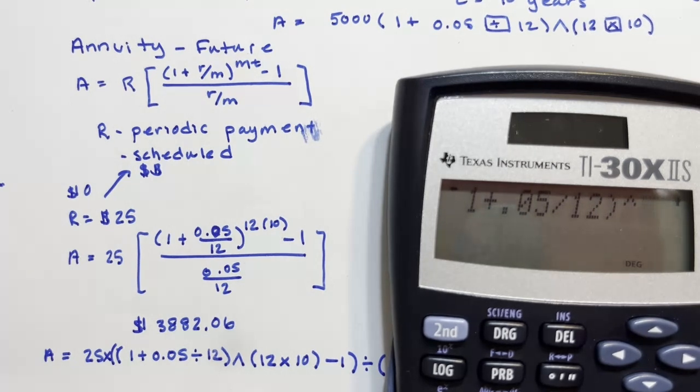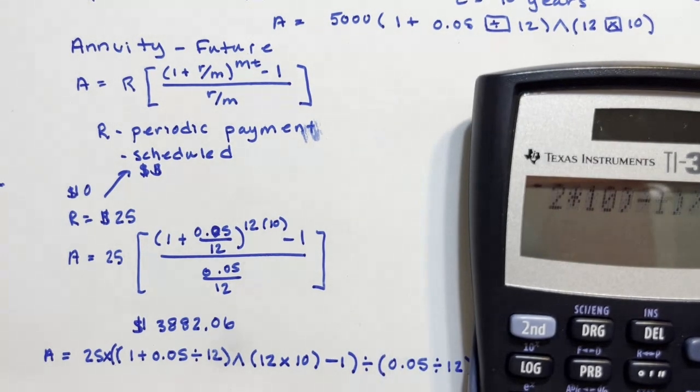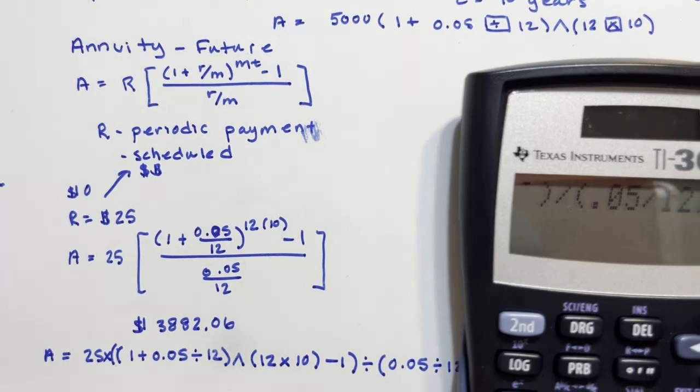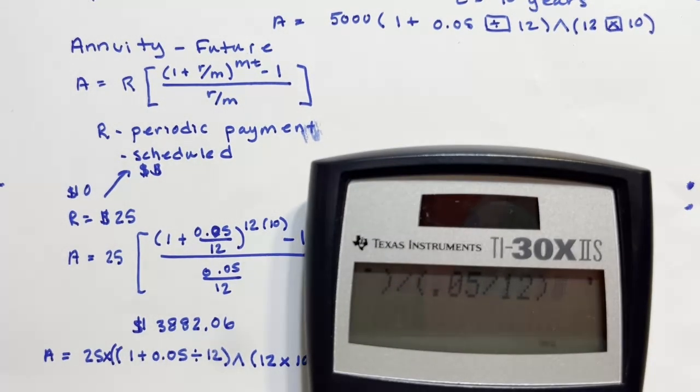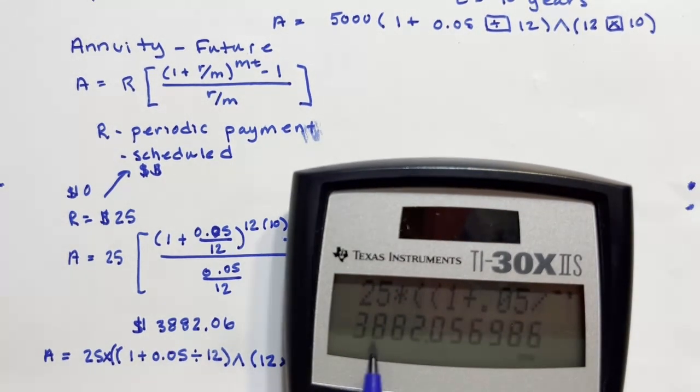Caret, open, 12 times 10, close, minus 1. Minus 1 is what most people miss. Divide, open, 0.05 divided by 12, close. We have it all in there. We hit equal. And we have that same answer, 3882.06.